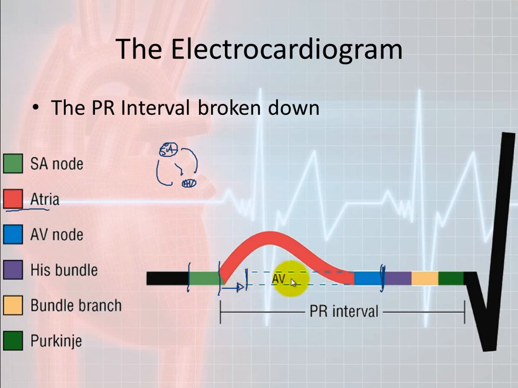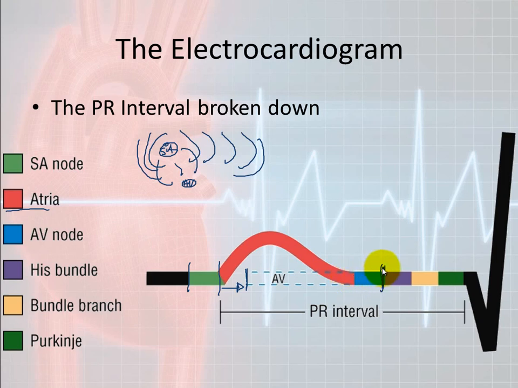So the AV node has to slow that signal down to allow for this wave of depolarization to reach all the way across and all the way throughout all of the atria, through both atria. So as you can see here, this is the importance of the AV node holding the signal. Now, at the same time, the atrial depolarization right here occurs. This is a much slower system for it to happen.